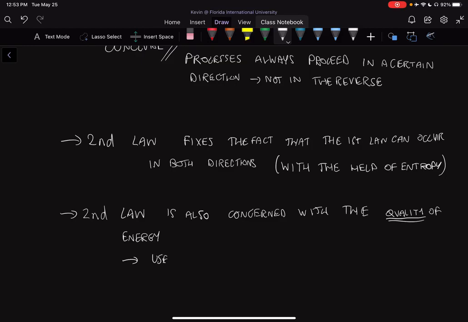So this quality of energy is used to determine theoretical limits for performance on systems. Or we can just write for performance.